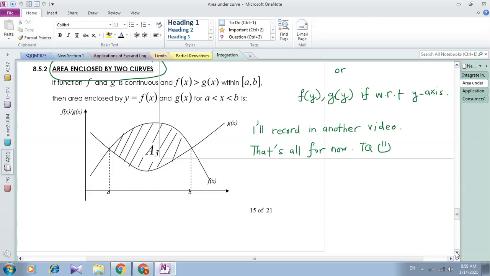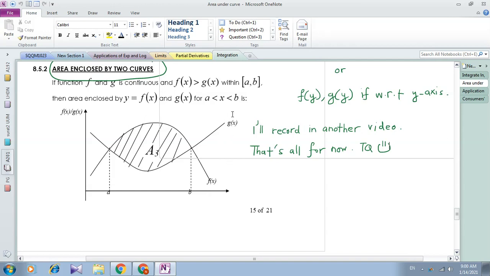If you can understand the concept of area under a curve, then it will be easy for this one. It's just that now, when we are dealing with the area enclosed by two curves, basically we must have two functions.